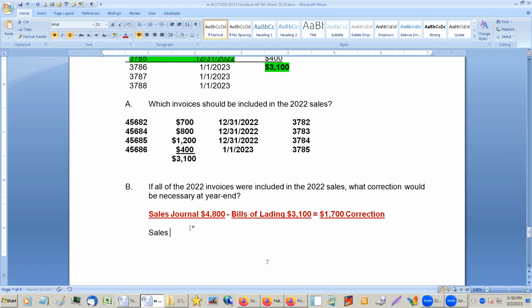If you were to make a correction on this, you'd have sales revenues going down. Usually sales are credits, for 1,700. You would have accounts receivable going down by 1,700.